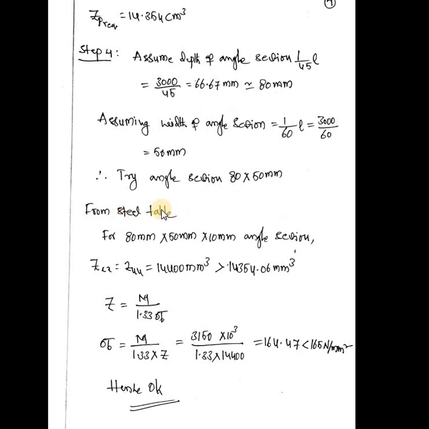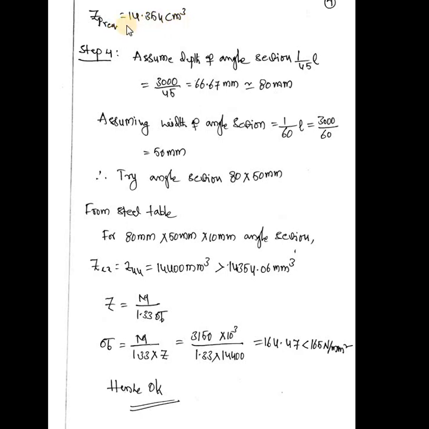Now we have to see the handbook, that is the steel table. From the steel table, for 80 mm by 50 mm by 10 mm angle section, our required value will be there, that is we got 14.354 centimeter cube.